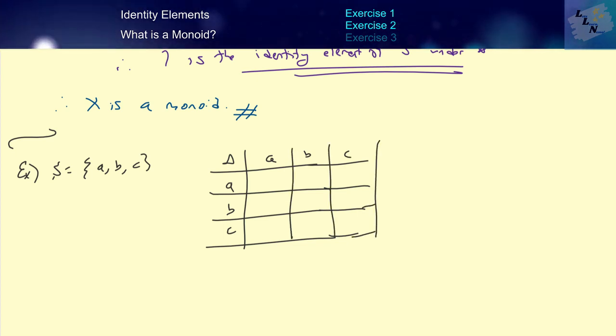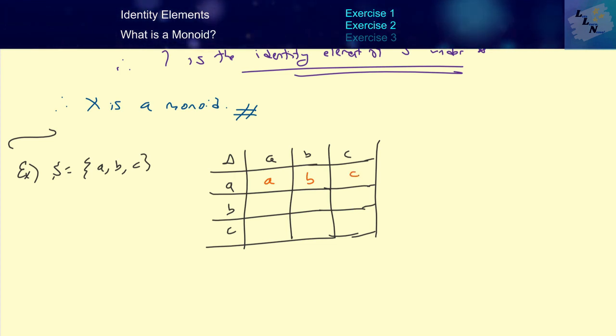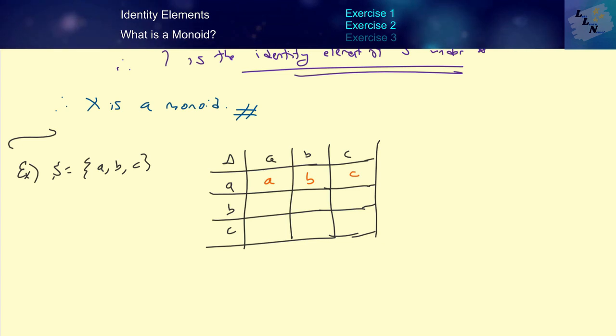Okay. So let's see if we can complete this table and build a definition for the operation delta such that it does have an identity element. So if we do A, B, and C across the first row, what are we allowing here?